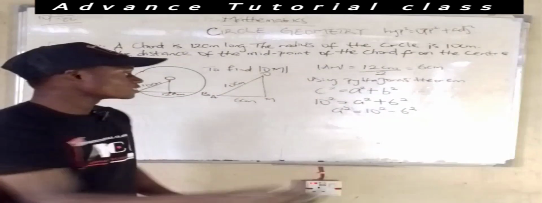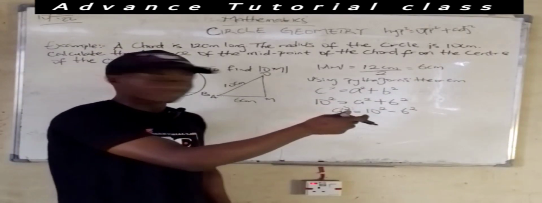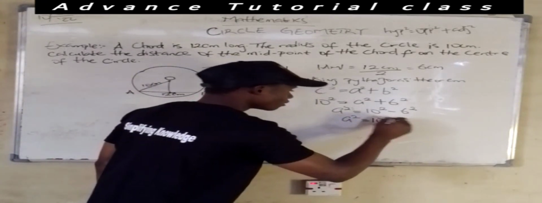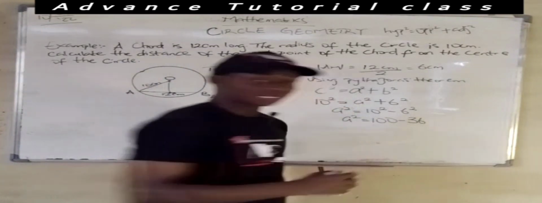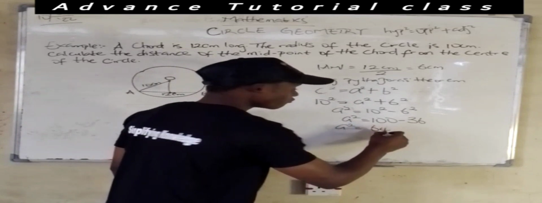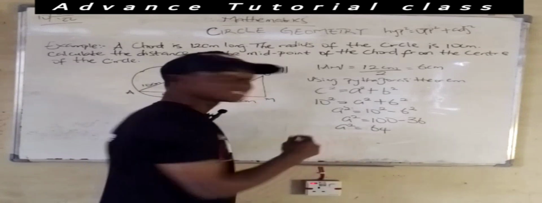Remember, this one came over to the other side of the equation to become negative. So A squared becomes 10 raised to power 2 is 100, and 6 raised to power 2 gives us 36. Subtracting this, A squared becomes 64. To get A, I will have to take the square root of both sides.